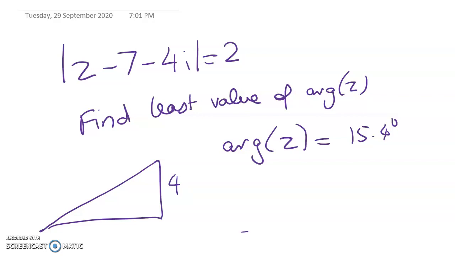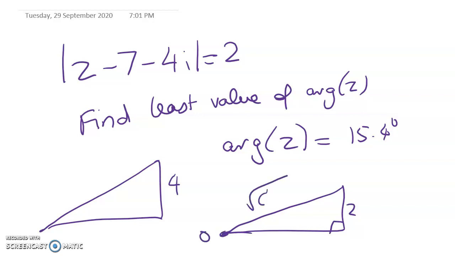The small one with the radius has got 2 here. This is the origin here. This distance should be root 65. And then on the big one, we've got 4 and 7. So theta works out to be 29.7.